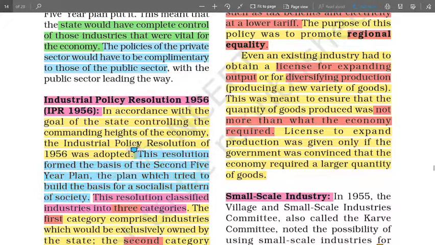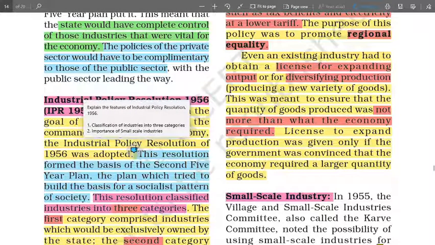So the question now arises, what are the features of the Industrial Policy Resolution of 1956? In short, to remember, the first thing is that in this new policy resolution, they bring about the classification of industries into three sectors, three categories. Remember that. There are many industries, but all these industries are clubbed together in three groups.